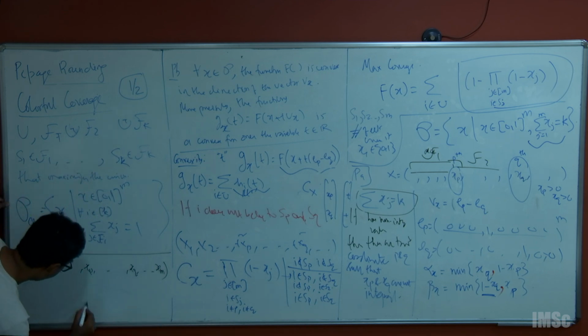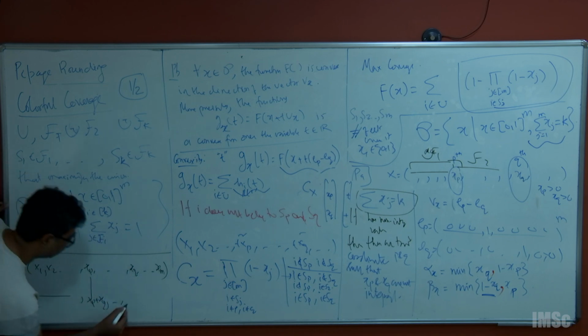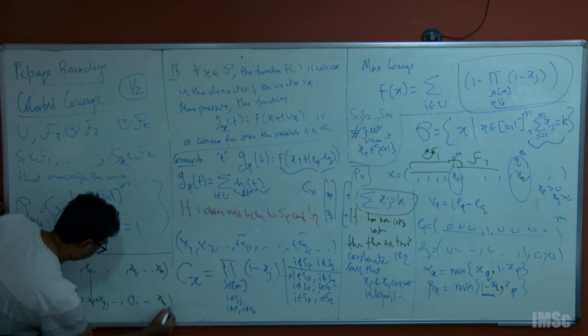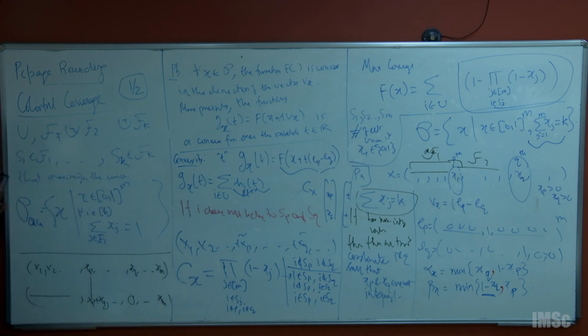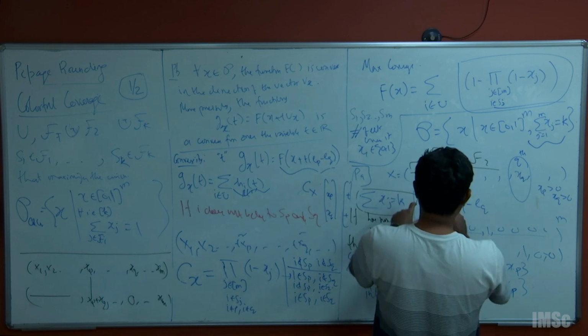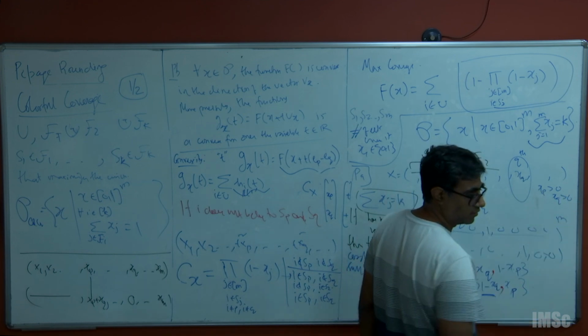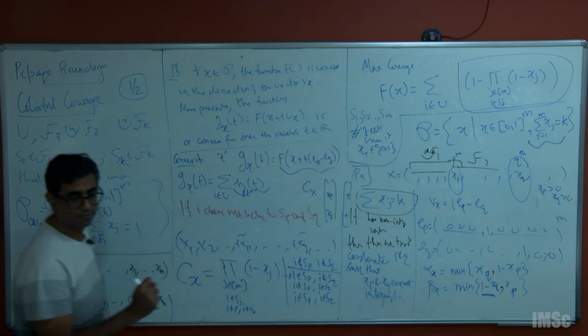Here it will become xp plus xq, and the rest of the values remain the same. And xq becomes 0. So if you sum them up, this is exactly equal to the sum of the other things. And this happens in all 4 cases. Similarly, whatever change you make here will be exactly equal to the change there, and the rest remains the same. So this property will never be violated.